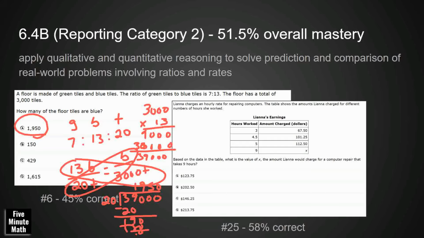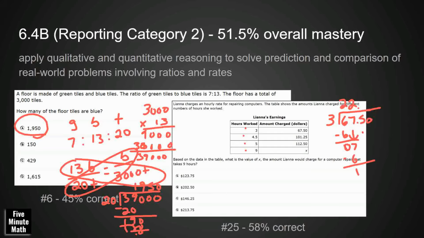On this one, we've got an hourly rate, but they don't tell us what the hourly rate is. They tell us how much Leanna charges if there's 3 hours, 4.5, 5, 9. So there's two ways to solve this. If you want, you can find that unit rate and then multiply that by 9. So let's do that. Let's do 3 hours for 67.50. So let's just divide that. Let's figure out how much 1 hour costs. That's 2, and that's 2 again.